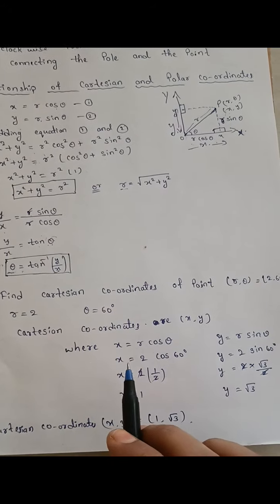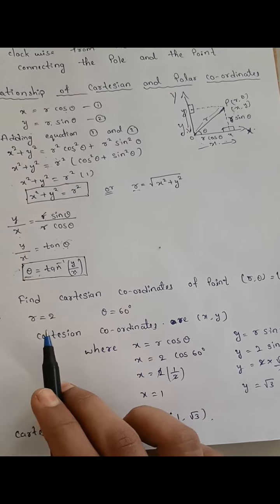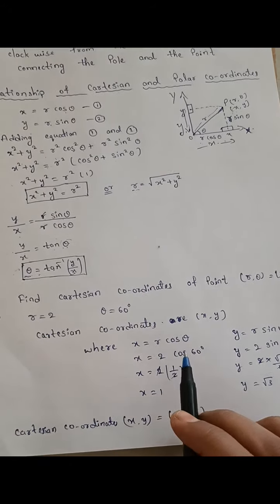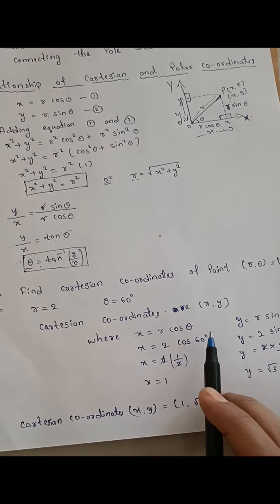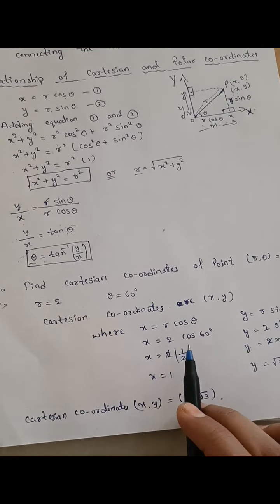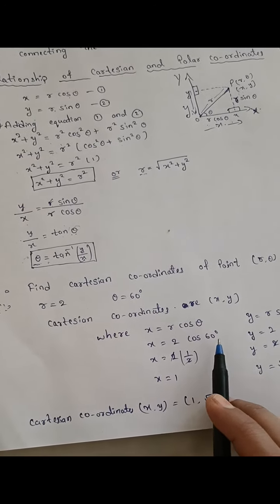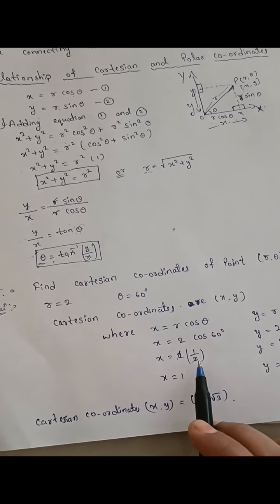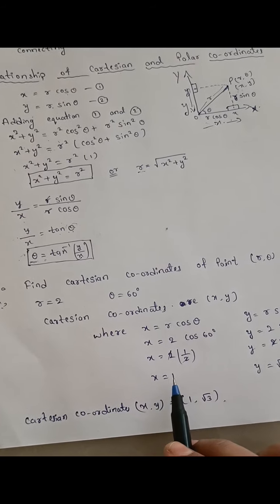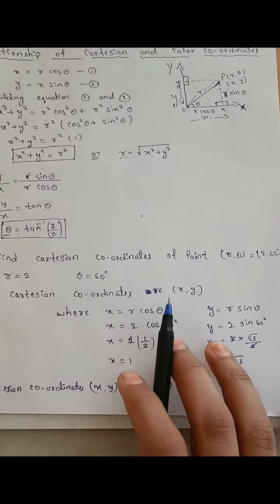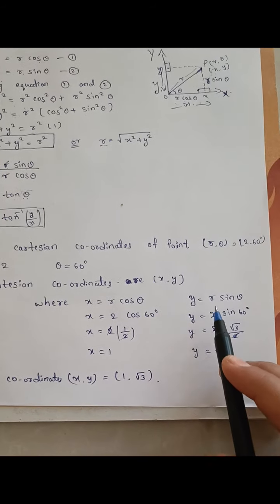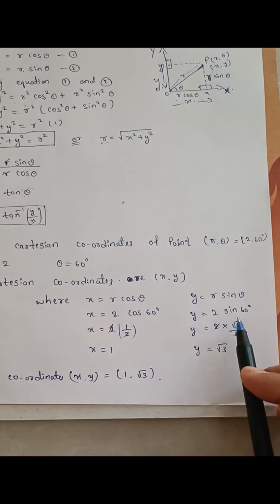So here x equal to r, the given value 2, cos theta means cos 60 degree. So 2 into cos 60 degree. Cos 60 degree value is 1 by 2. 2 gets cancelled. Then we get x value equal to 1. And also y equal to r value 2, sin theta value 60.